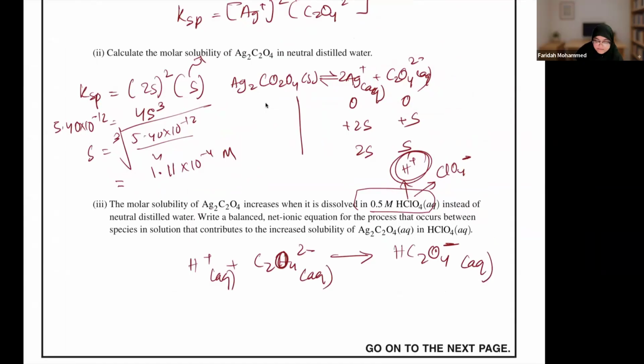Did we have to show that the Ag2C2O4 is also solid in the ionic equation, or is it just C2O4 2 minus? Just this. Because when you dissolve, this is going to react with the H plus, no?